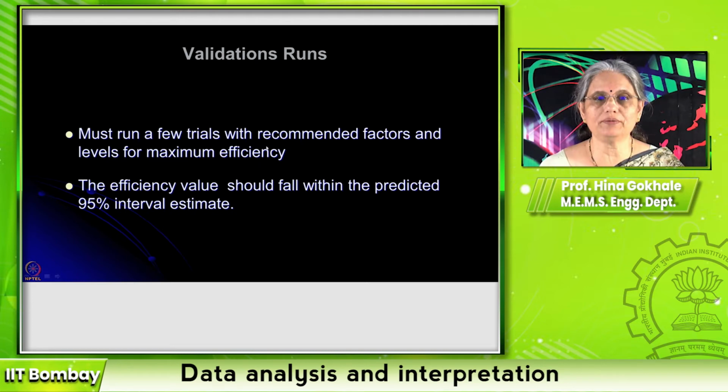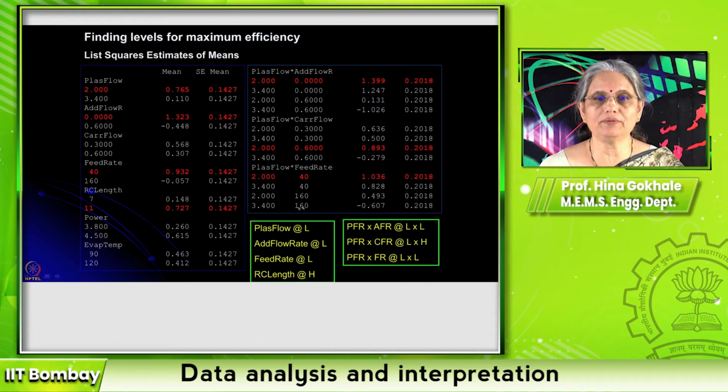And then comes that the results that we have got, we must validate. It means that we must carry out a few experiments by keeping plasma flow rate at low level, additional gas flow rate and feed rate also at low levels, but RC length at the highest level, and of course carrier gas flow rate at a high level.